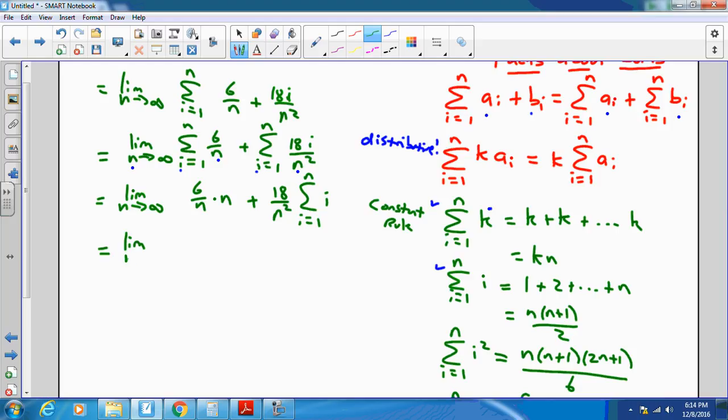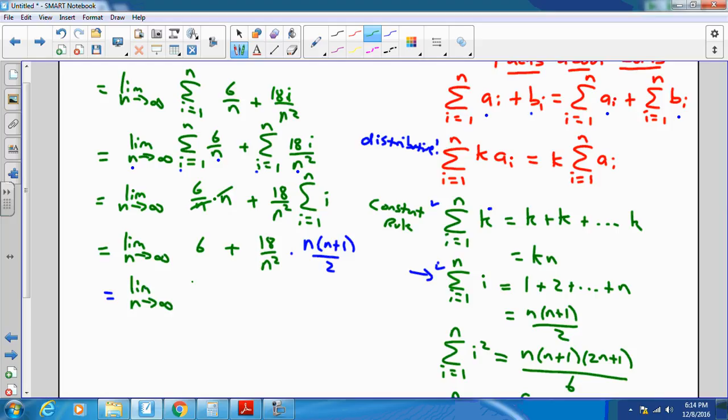So that when I factor it out, I get simply 18 over n squared times i. Cleaning all this up a little bit, my first one gives me 6. My second one is going to give me 18 over n squared now times the sum from i equals 1 to n of i. That is the triangle formula, n times n plus 1 over 2.